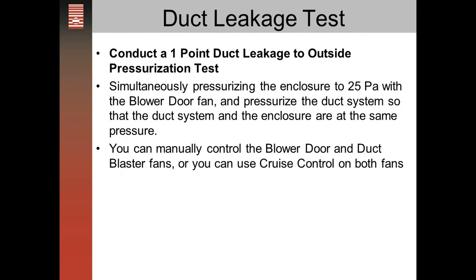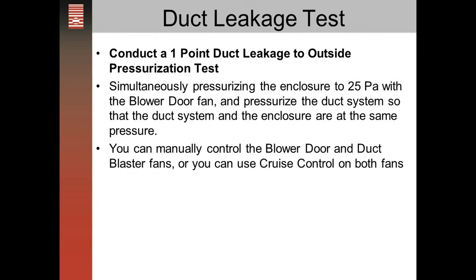You can manually control the blower door and Duct Blaster fans, or if you have the newer speed controller for the Duct Blaster fan, you can use cruise on both of those fans.